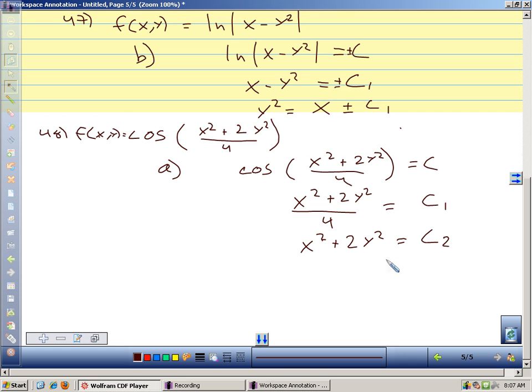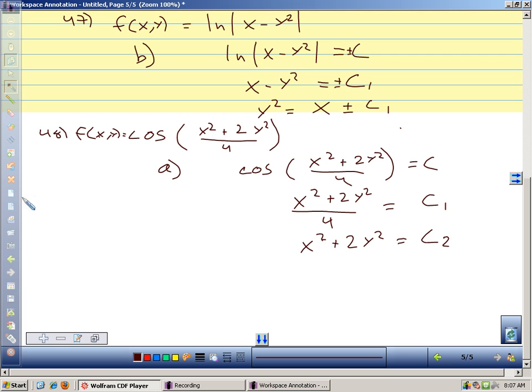So you just do this and you say, oh, this is an ellipse. And then if you want to plot them, you just pick some values of c to plot. So if you said c equals 2, you could plot some ellipses to make your level curves. But to analyze these, to figure them out, we set our function equal to a constant and see what that graph looks like in the xy plane.